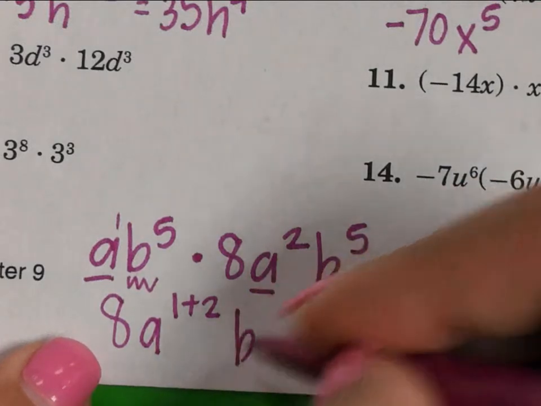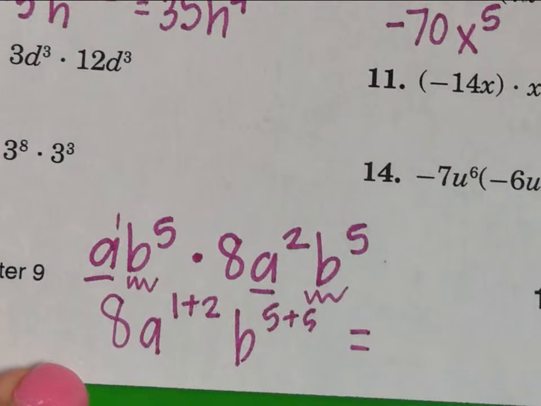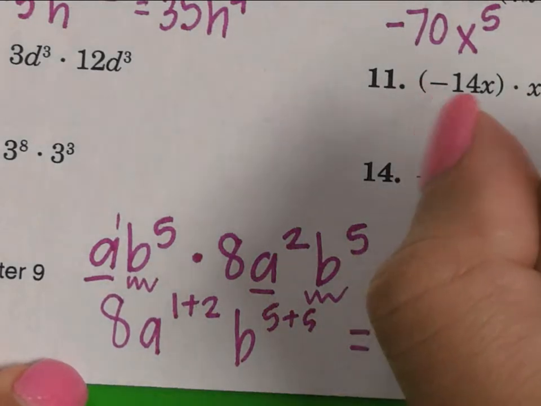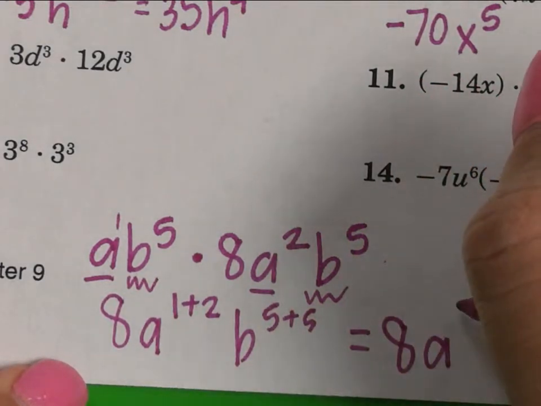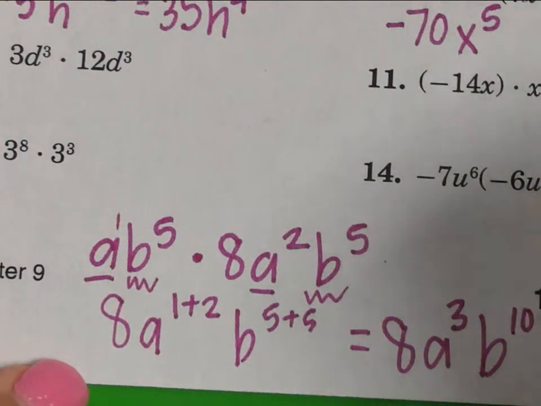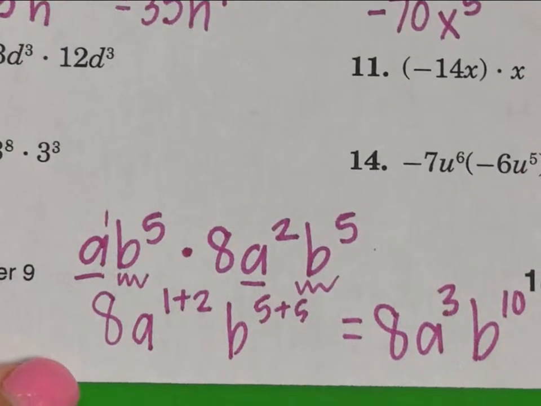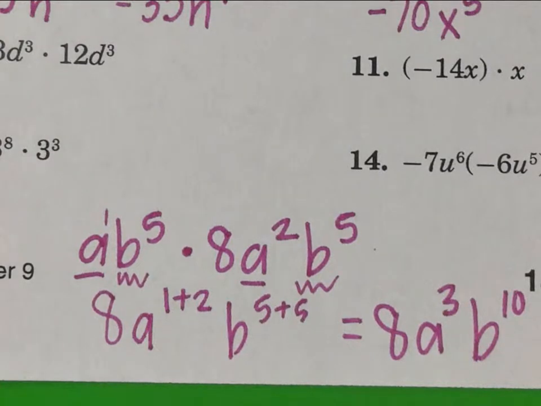So I can say I have b to the 5 plus 5. Which all comes out to be 8 times a cubed times b to the 10th. So just break it apart into pieces. Look for coefficients first, and then look for same bases.